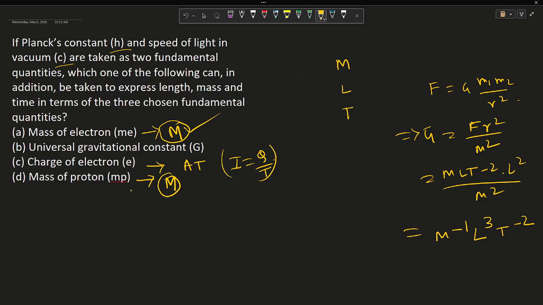This one is also possible because it is also mass, and here also mass, length and time. But in this option one additional quantity is present, that is current. In this quantity there is no current, so it cannot be expressed in terms of charge of electron. So here the right options will be A, B and D.